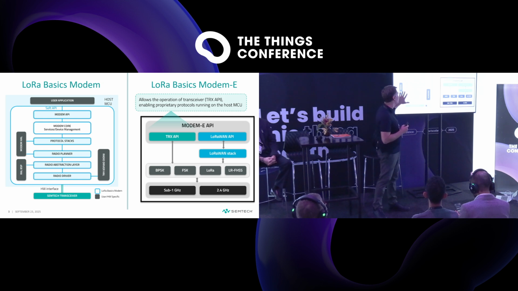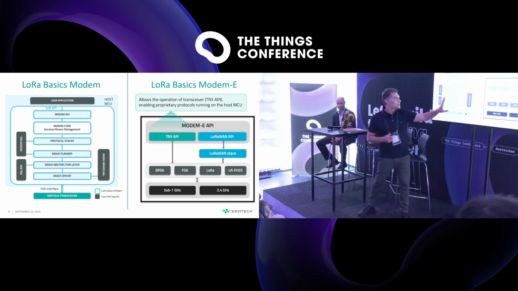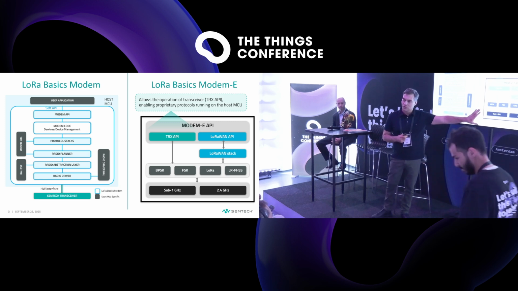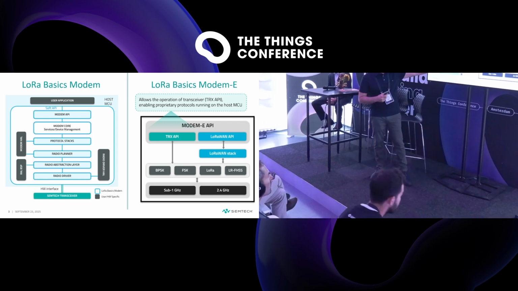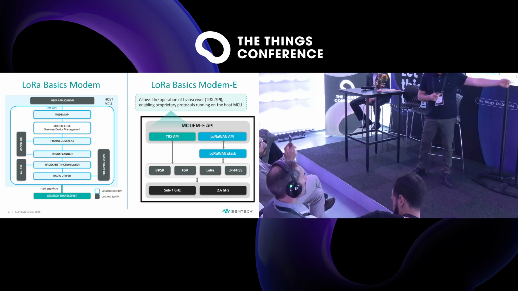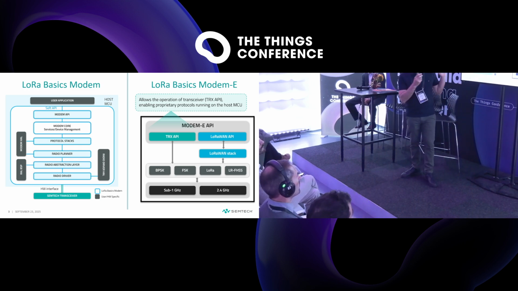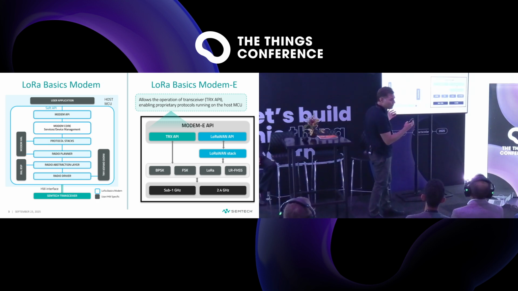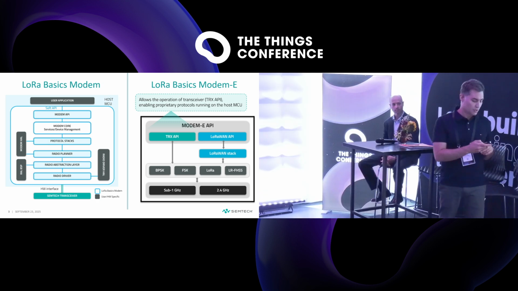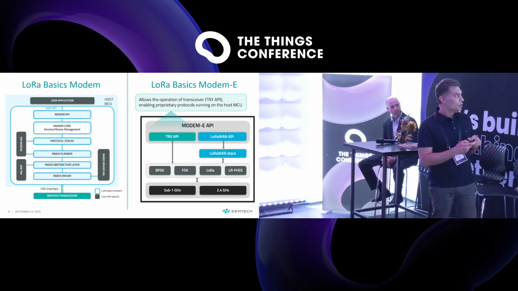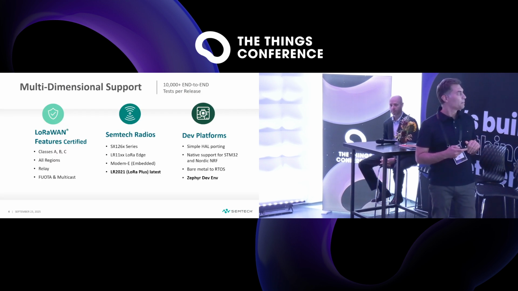One is completely open source, running on our transceiver, and running with external memory, with external flash, etc. And then there is the other model, which is more the embedded version of the stack, so the complexity is within our chip, and people get exposed to the API for that reason. So those are the two flavors of our software. You can find more information on our website, but this is the basics.